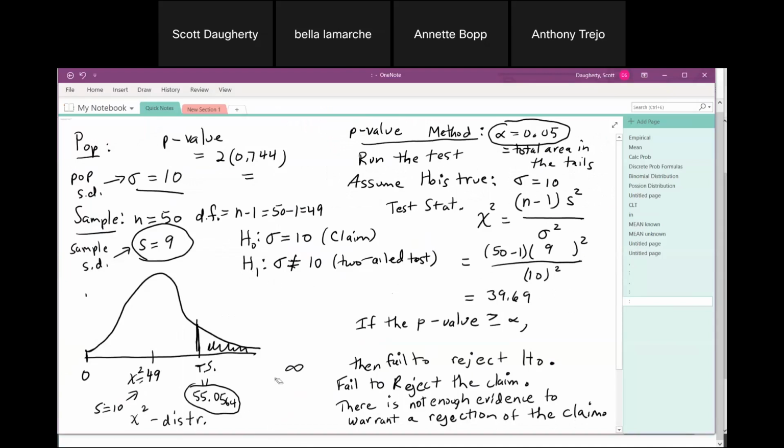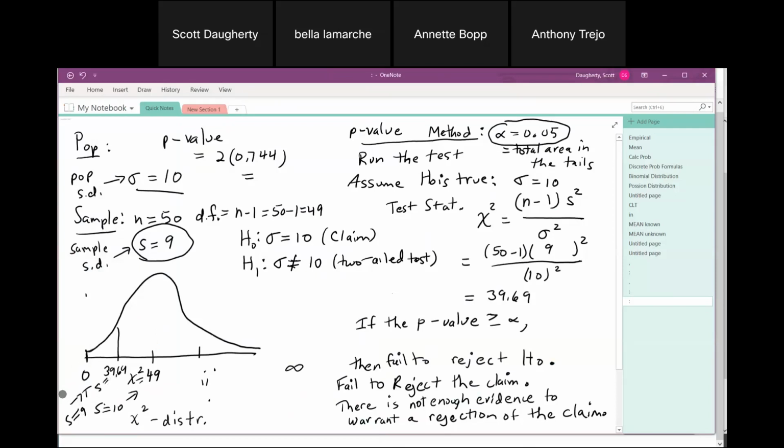Okay, so then your test statistic is over here, and it's below the middle point, which is 49. Remember, S equals 10 is the middle point, and the chi-square value for S equals 10 was 49. That's the middle. This makes sense because now you're below 10. This is 9, and that puts you with a chi-square value below 49, at 39.